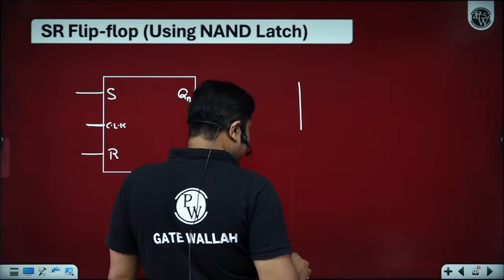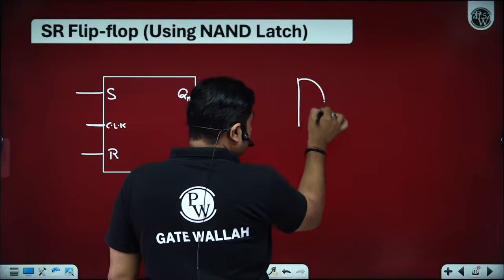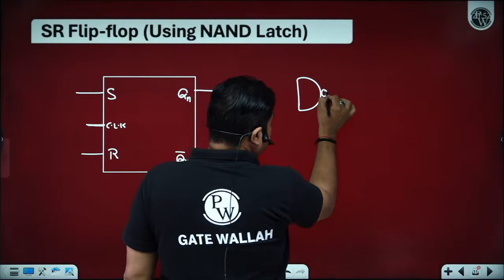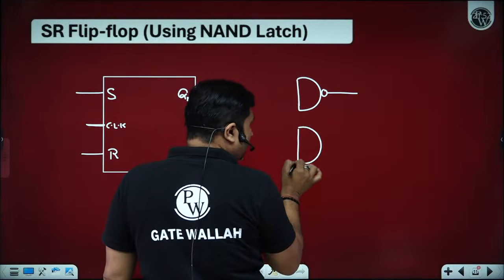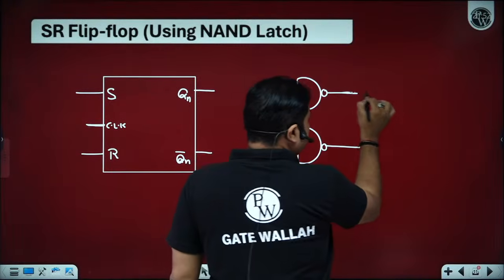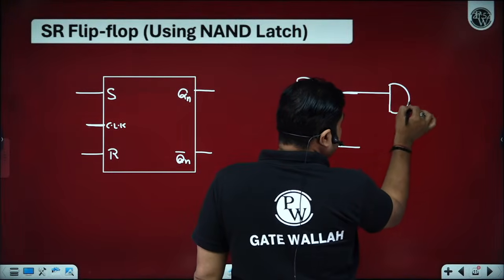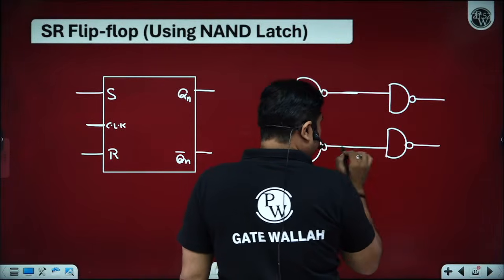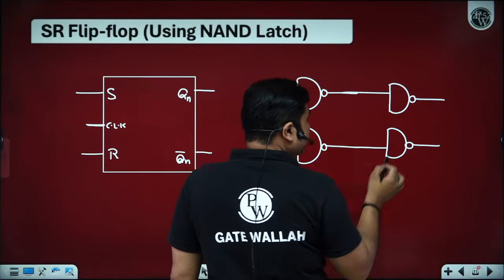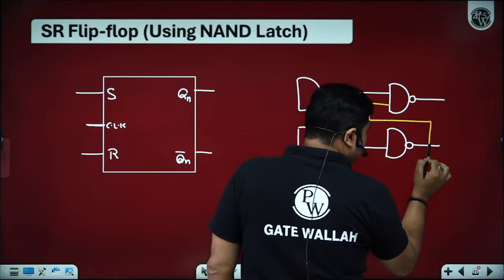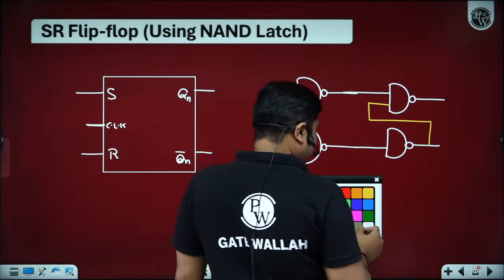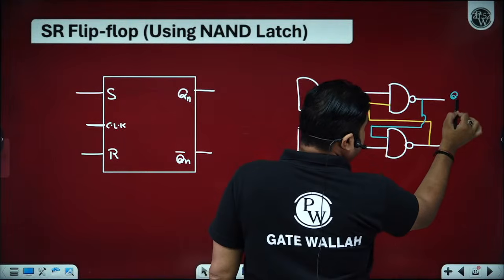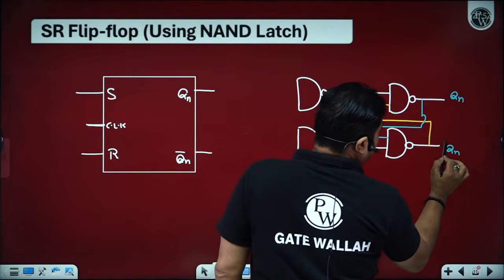Sir, we have two NAND gates working as steering gates or control gates. These two NAND gates are going to control the NAND latch. So they are called steering gates or control gates. The output of one is connected to the input of the other. This is your Qn and this is your Qn complement.